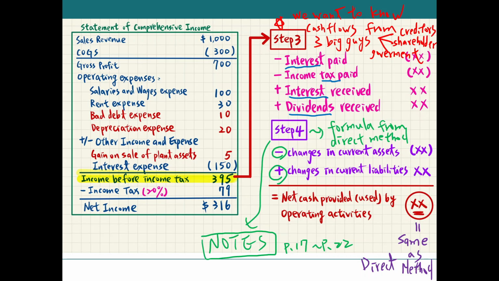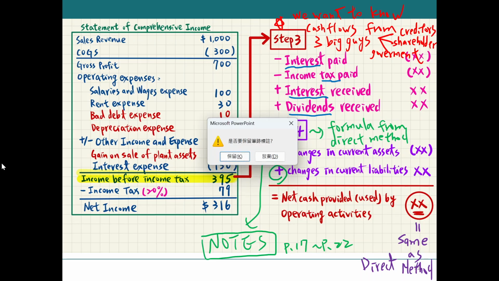Okay, so based on this, please go to your note. Let's practice it. In the indirect method, on your note, page 26. So go to your note on page 26.